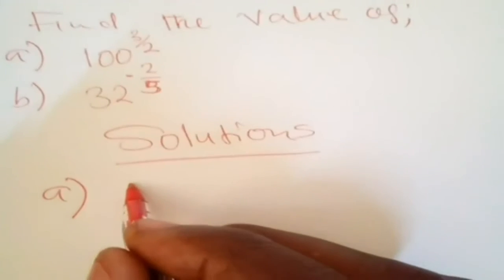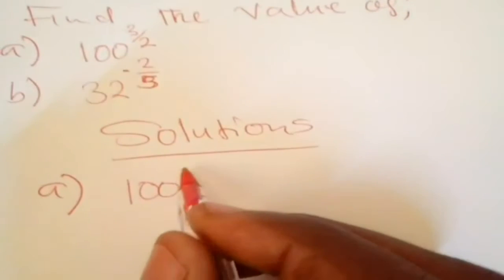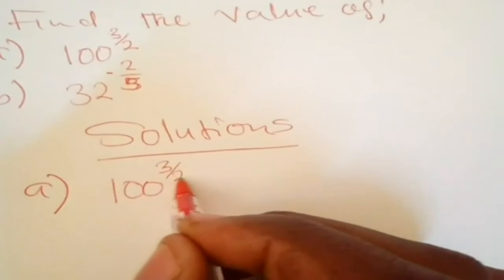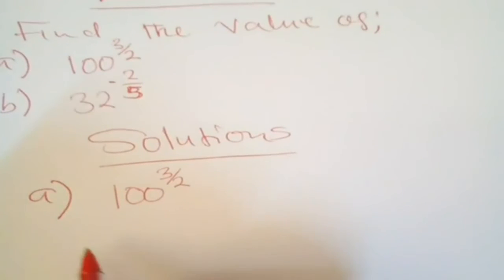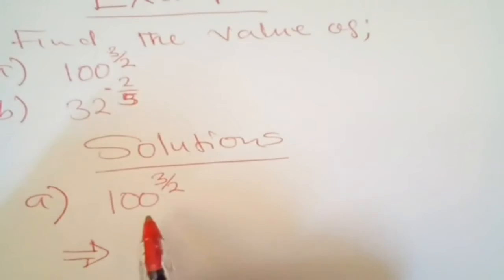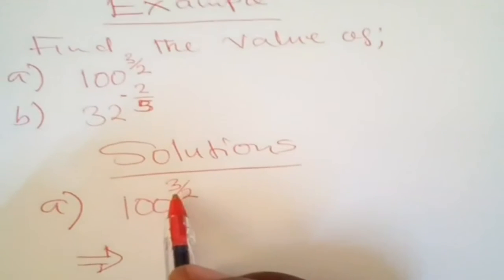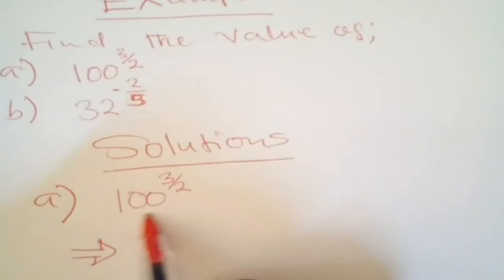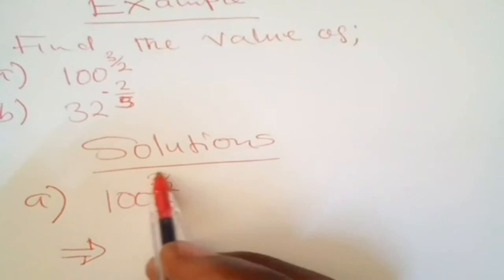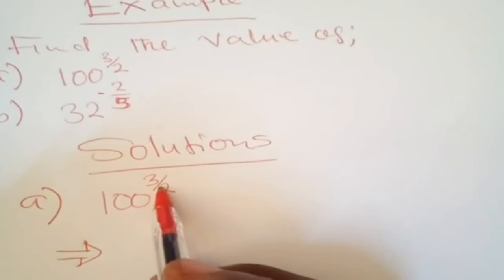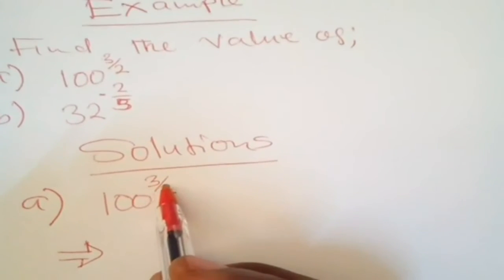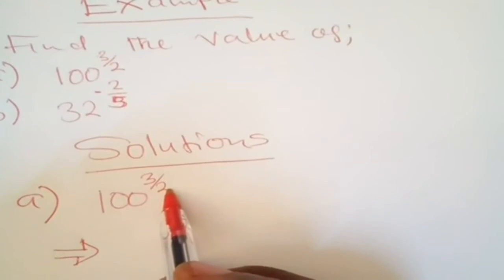we have 100 raised to the power 3/2. So now this will imply that you have a base which is 100 and it has been raised to the power 3/2, which is a fraction. So the 2 is symbolizing that you are going to have a square root.